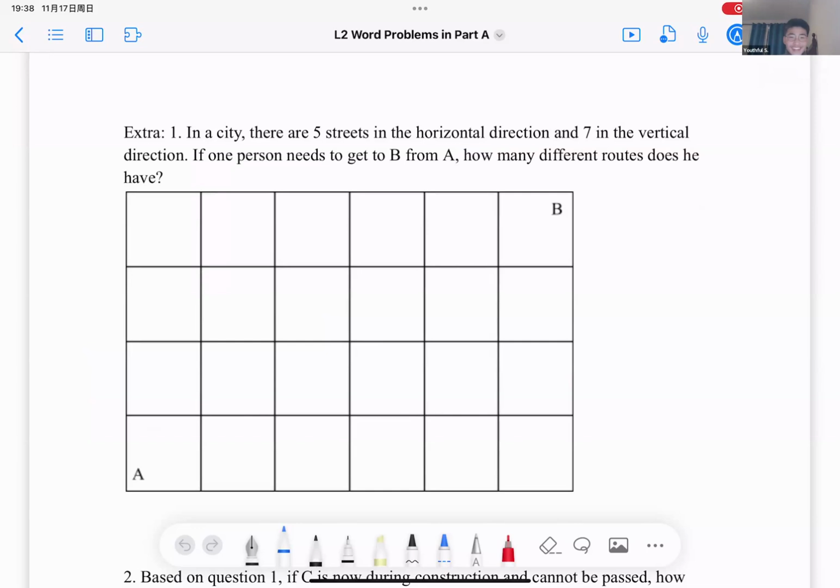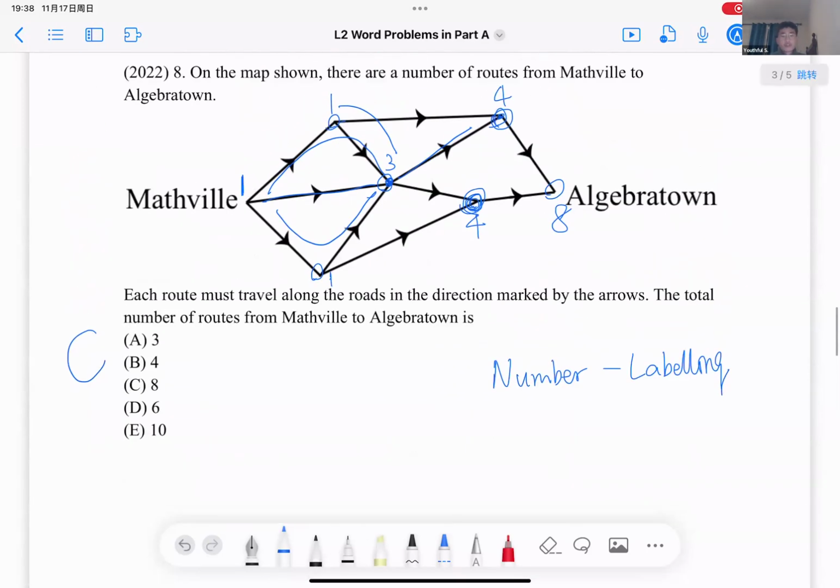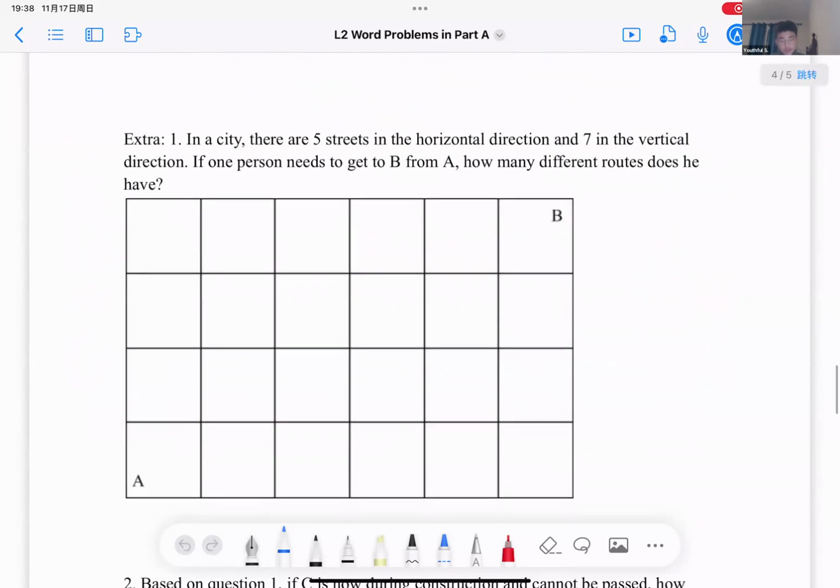So, in the city, there are 5 streets in the horizontal direction and 7 in the vertical direction. If one person needs to get to B from A, how many different routes does he have? I didn't have arrows on them because it's just this kind of awkward looking shape. So squares and rectangles. Okay.